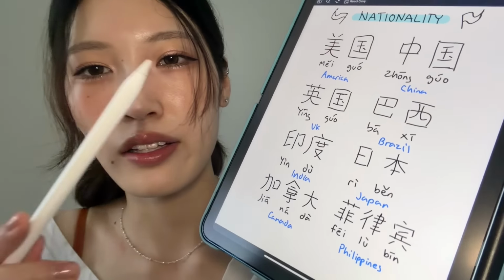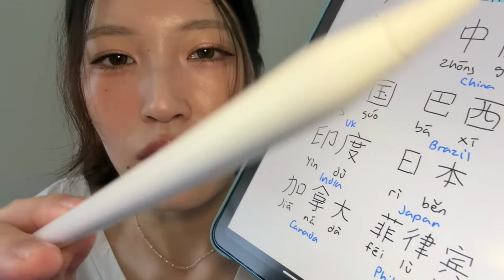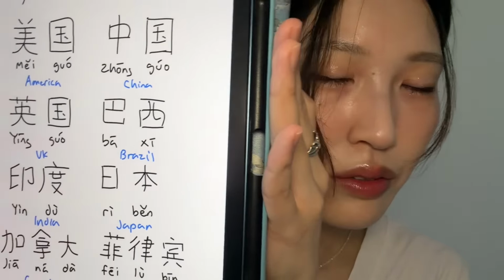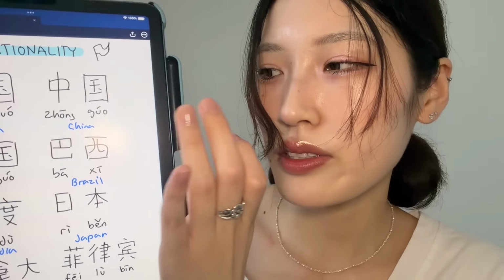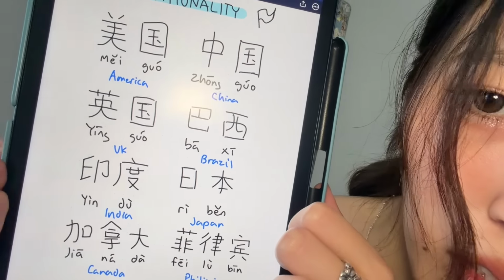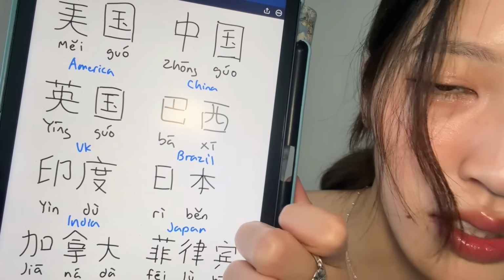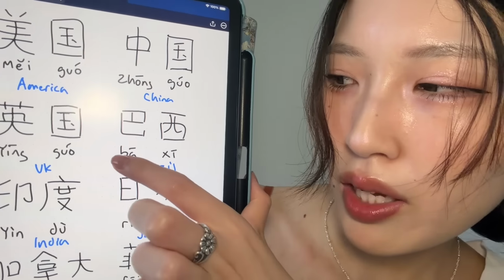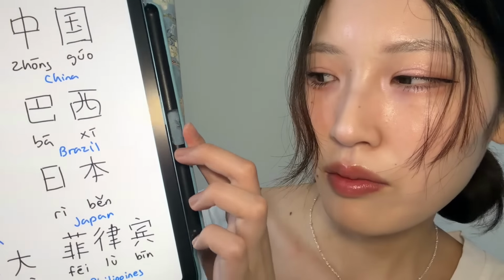And then I included some that don't have the 国 component of it. So this one is Brazil. It's 巴西. See how there's no 国 in it? 巴西. Okay.